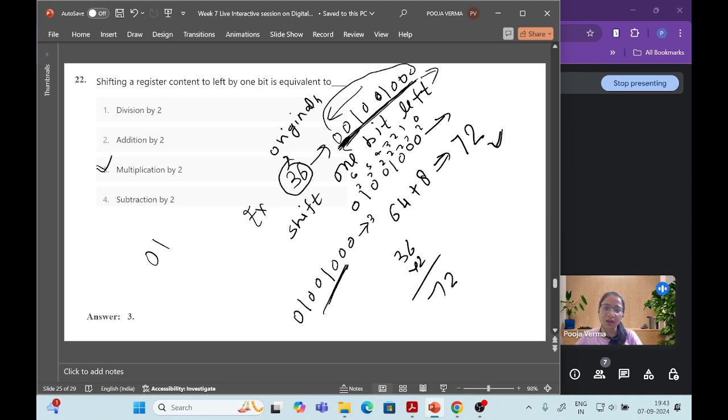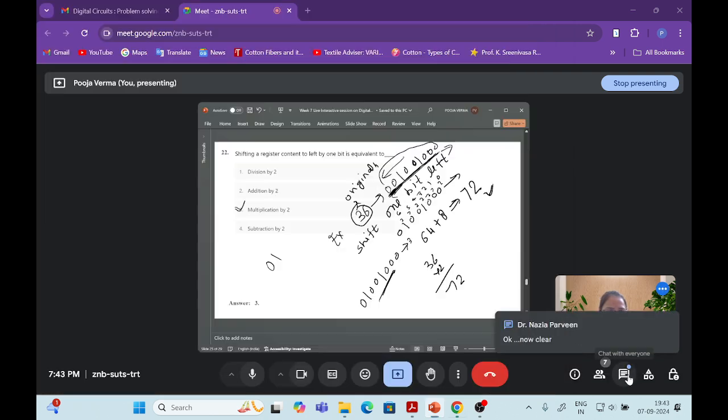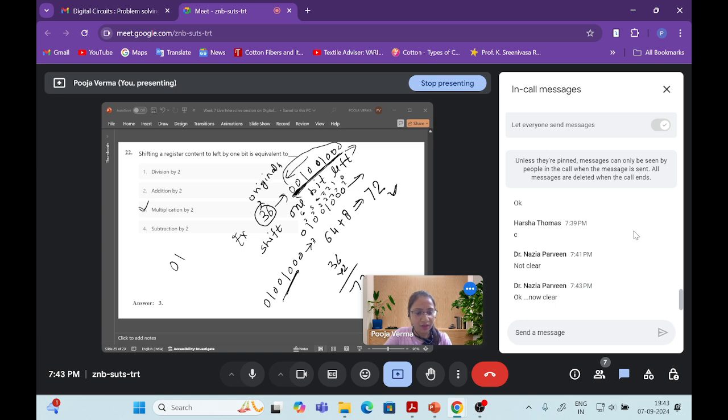This is an example to make you understand how shifting the register content to the left by one bit acts, whether as multiplication by 2 or division by 2. So is it clear or not? Okay, now clear. Just take one example, take any bits, and shift one bit to the left.